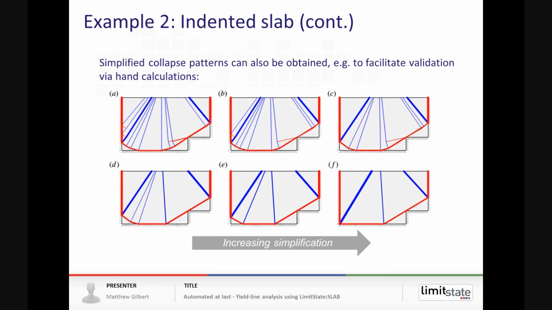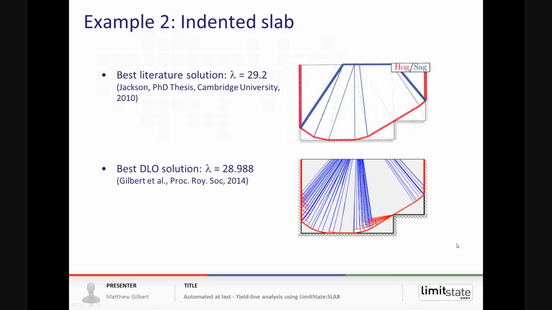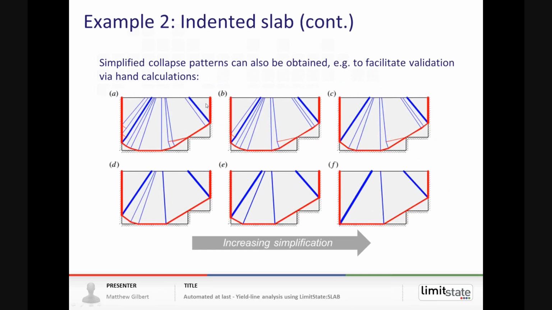You can see on this slide that we've got our DLO solution slightly simplified in A, but with higher and higher factors of simplification going towards F. And eventually you'll come to a point where the mechanism is simple enough that you could go away and check the solution by hand, just to have extra confidence in the method.